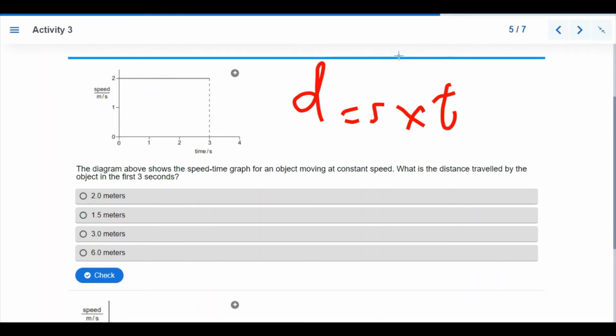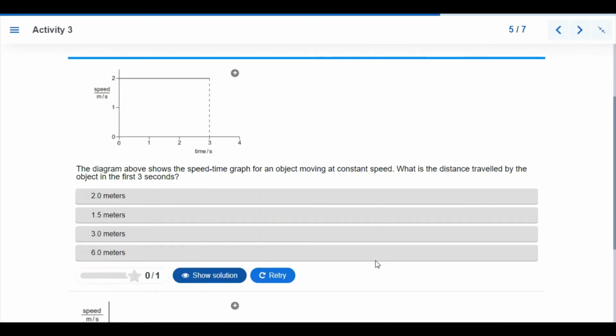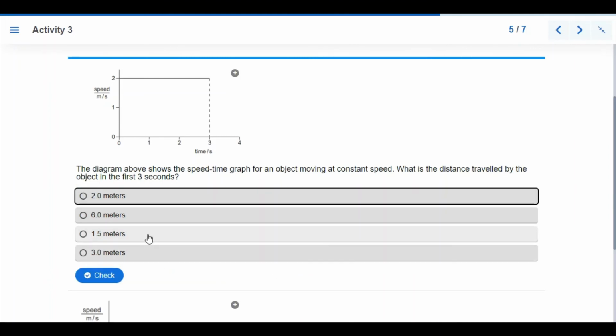Since speed is equal to distance over time, distance becomes 2 meters per second times time, which is 3 seconds. That will be 6 meters. So from the options, let's check.